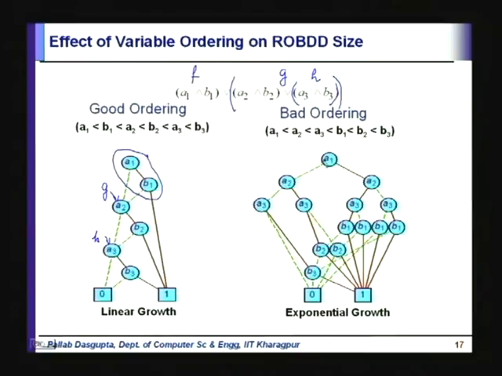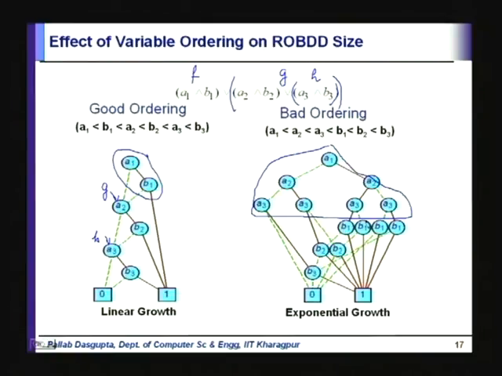On the other hand, if I tell you the values of A1, A2 and A3, you will not be able to decide the value of the function except for the case where all three are 0. So there is a combinatorial growth here in this part.